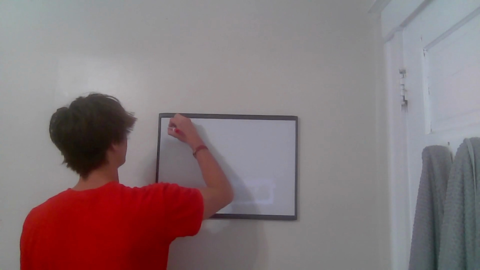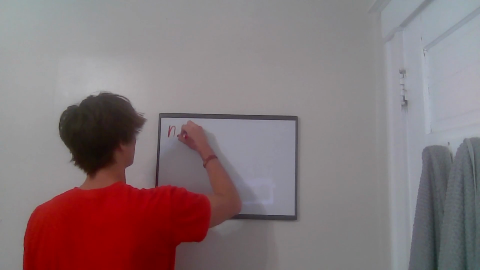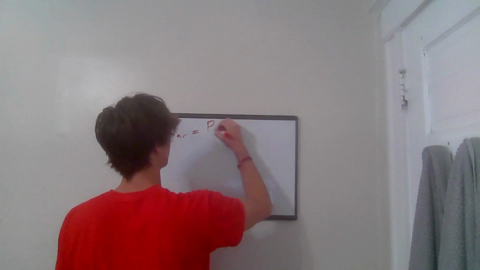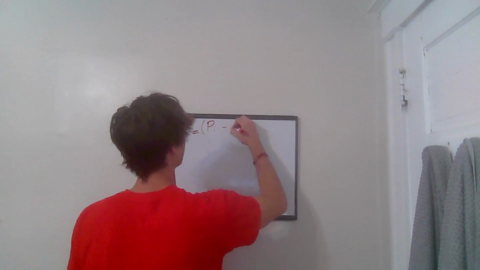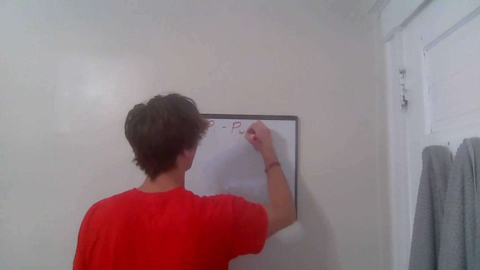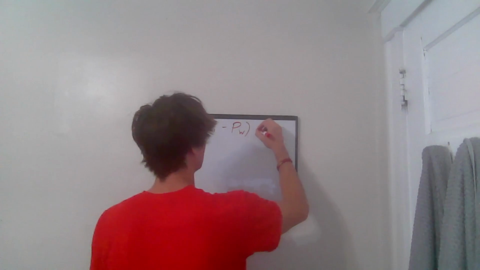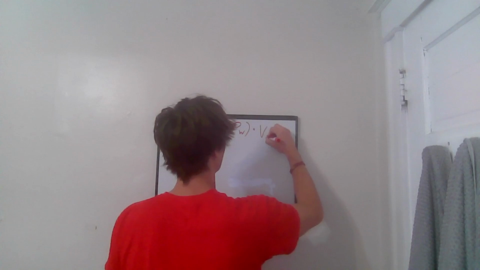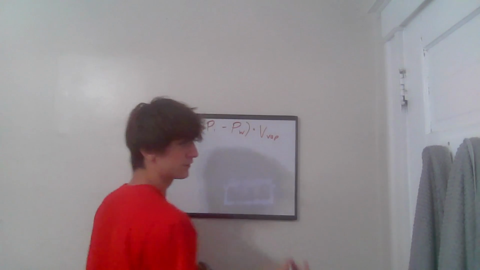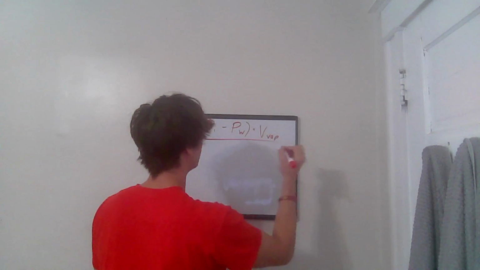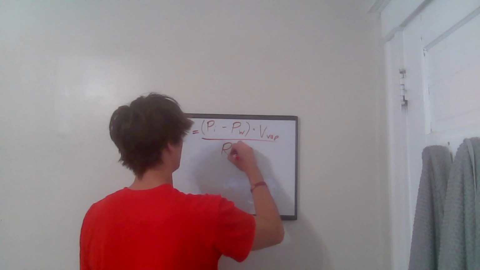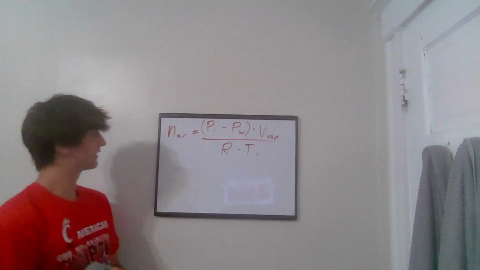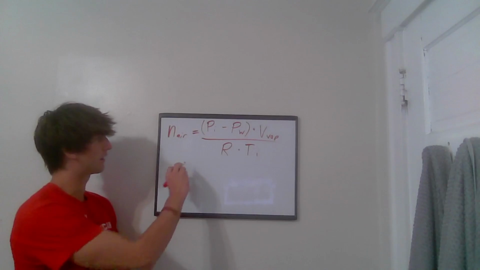So to find our moles of air, we need to use our initial pressure minus our pressure of water, which is going to be at 298, and then times the volume of our vapor, which we just found, and then divide by the R constant times our initial temperature. And that's going to get us our moles of air.